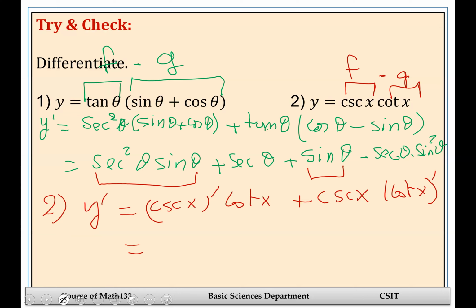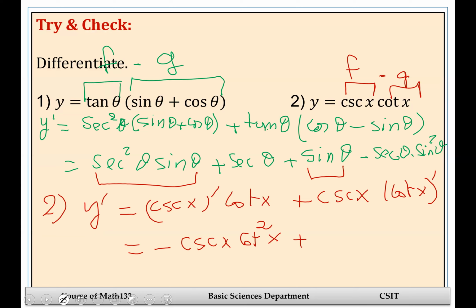The derivative of cosecant is equal to minus cosecant x cotan. So another cotan, here this first one is coming from the derivative of cosecant. So it will be cotan times cotan, so cotan squared.